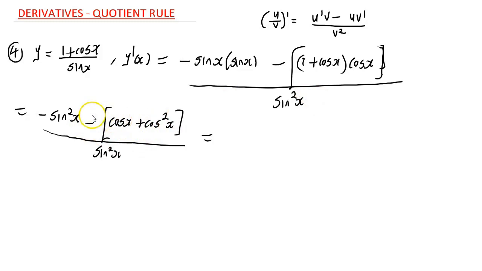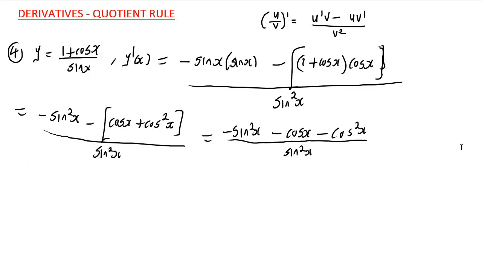Now the next thing we want to do is multiply this negative with the values inside the parentheses. So this is going to be negative sine square s, then minus cosine s, then negative times positive is going to give us negative, so this is negative cosine s squared, divided by sine s squared.